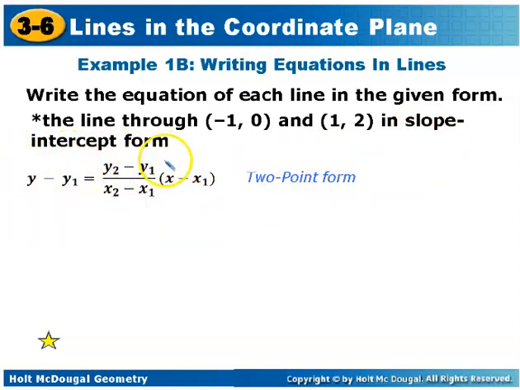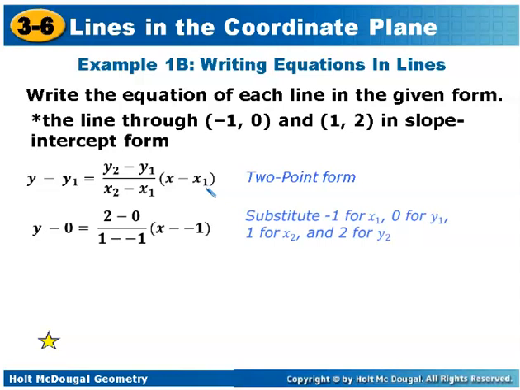And here's my slope calculation that I need to calculate. I may even label this x1, y1, x2, and y2 because it helps me remember where all this stuff goes. Because I have a lot of substituting to do. So let's do that next.